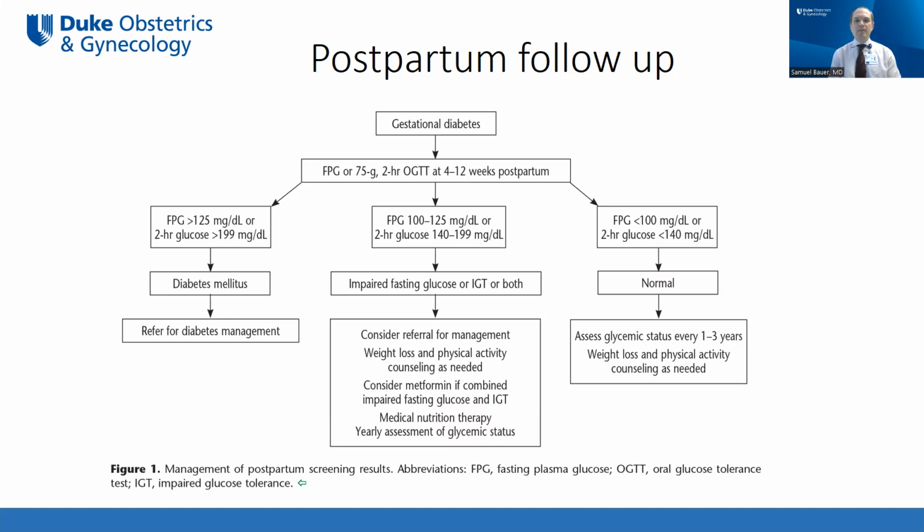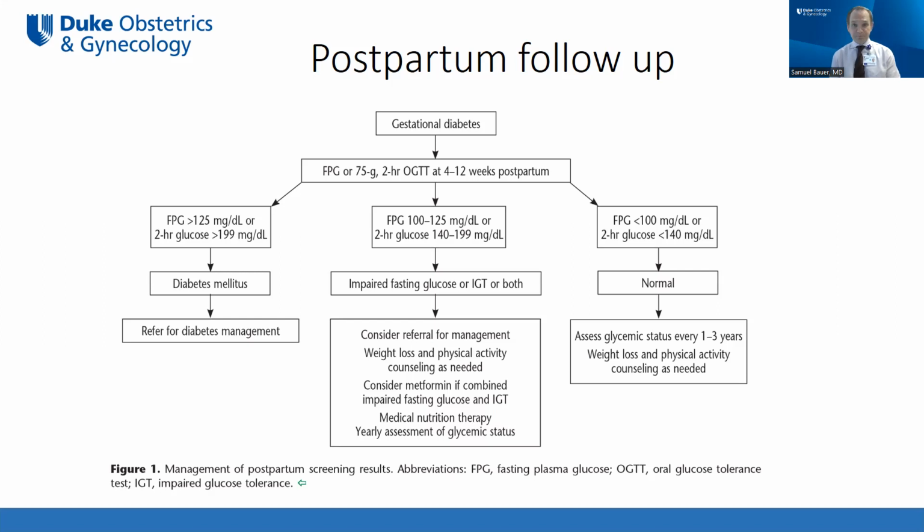And really following the algorithm here to determine: yep, I've actually developed diabetes. I've got a fasting of 126 or greater, so I've developed diabetes and need to be referred to primary care as well as to endocrinology.